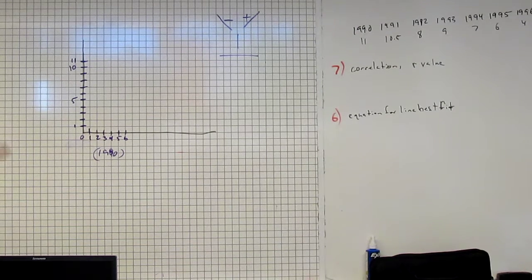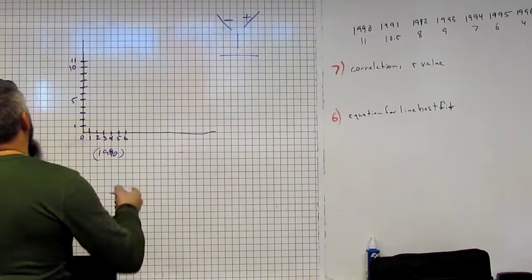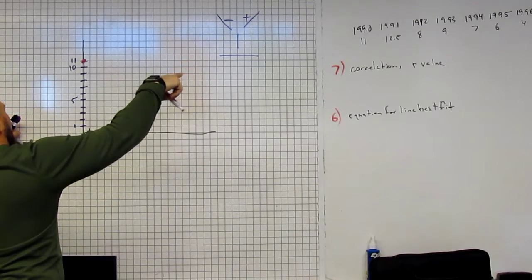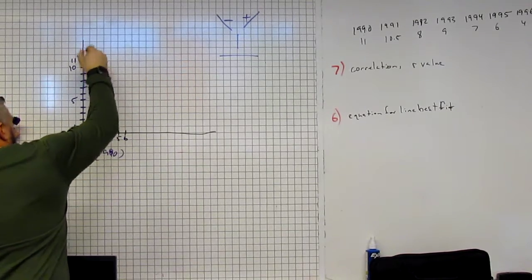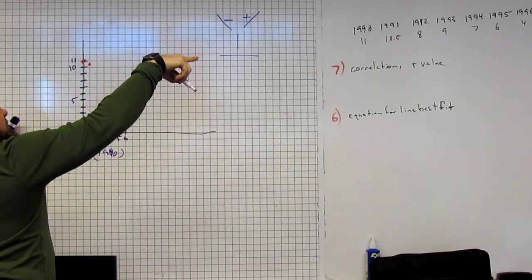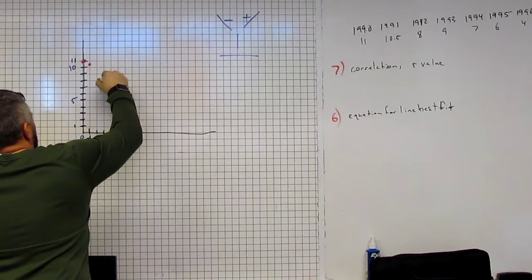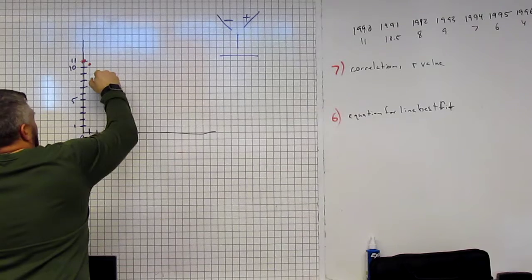And then going up, we're just going to go from 0 to 11. So in 1990, we have 11, right? And in 1991, we have 10 and a half. And in 92, we got 8. So 10, 9, 8. Okay.